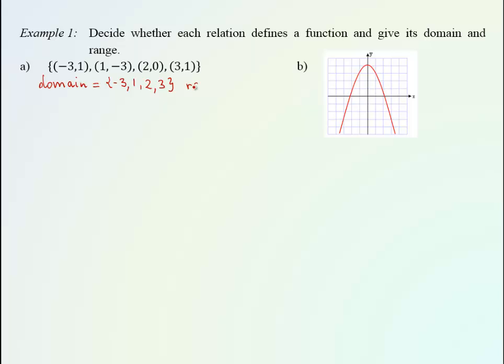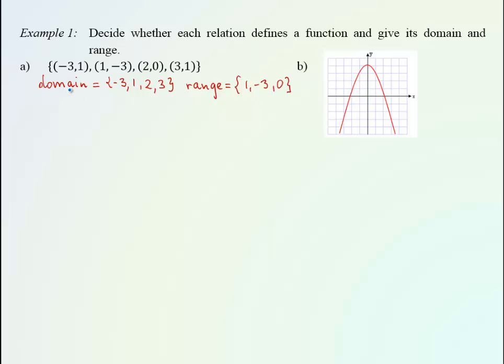However, the range is the set of second coordinates. So it is 1, -3, 0, and we already took the 1 before. So just 3 elements. Remember that when we list elements in set notation, it doesn't matter in which order we are listing them.